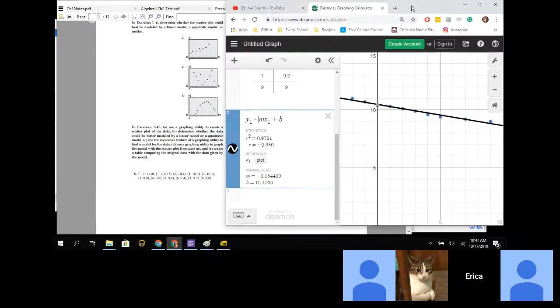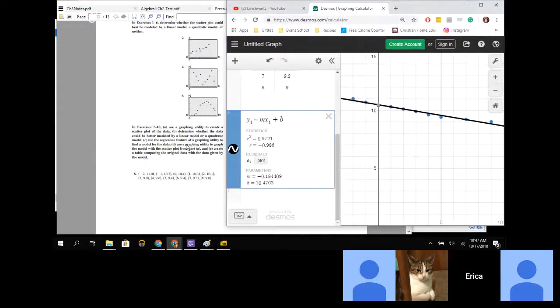So that was part C, use the regression feature of a graphing utility to find the model. Part D is use a graphing utility to graph the model with the scatter plot from part A. So Desmos basically did that. It graphed the regression in black and the actual values in blue. So you can see how well it matches.